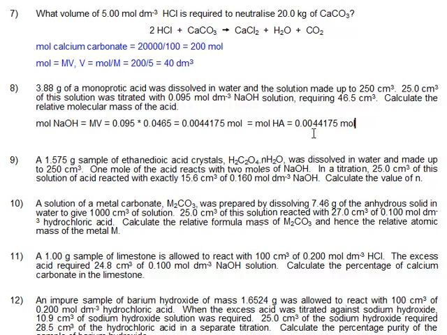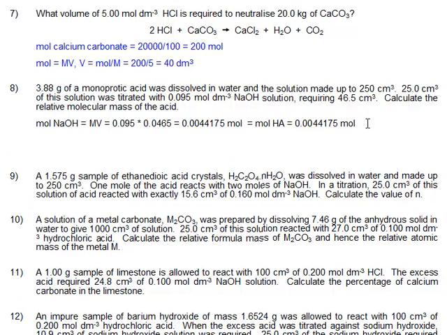Now this is in 25 centimeter cubed. Of course, the original solution had 250. It's 10 times as big. So the moles of HA in 250 mil: just multiply by 10, because 25 into 250 is a factor of 10. This is the number of moles.